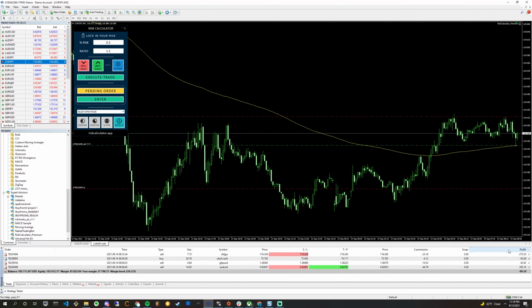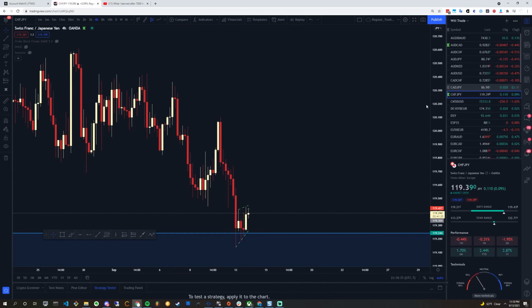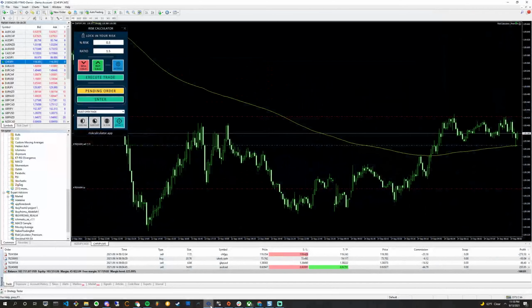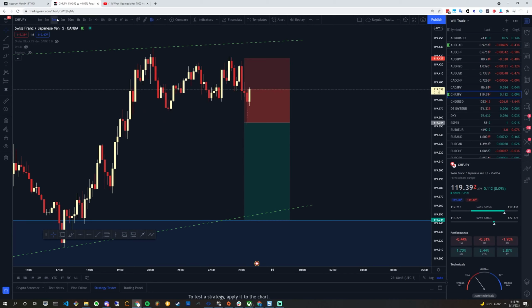This is our trade sheet. Am I selling an Aussie already? I am. Okay. Selling a Chief Yen.